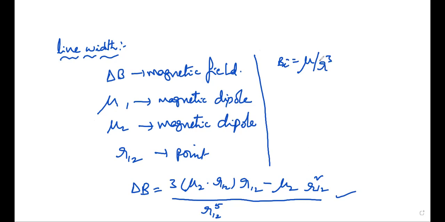Here there is a strong dependence on R, which suggests that the close neighbor interactions will be dominant.